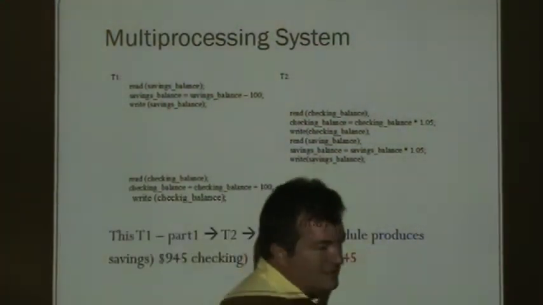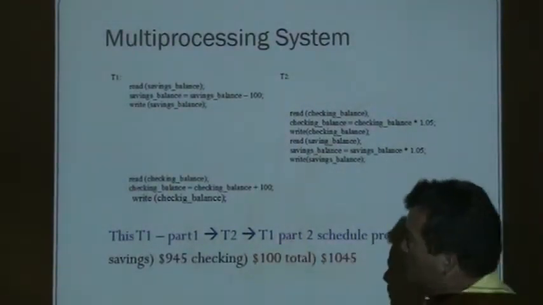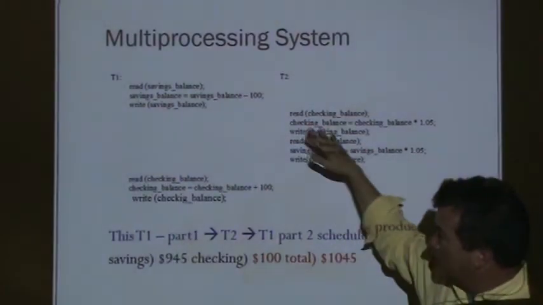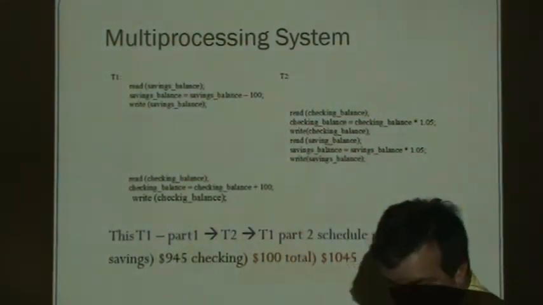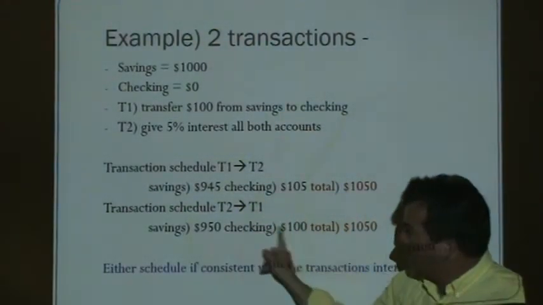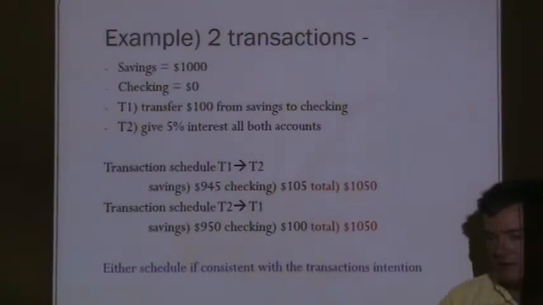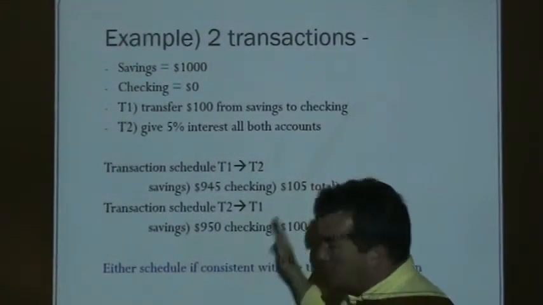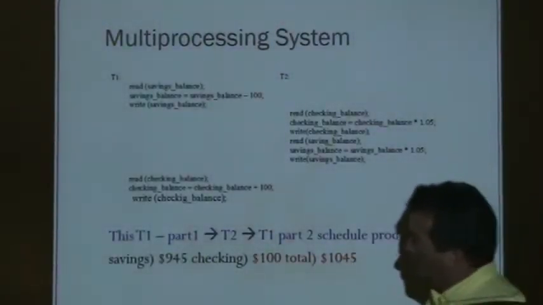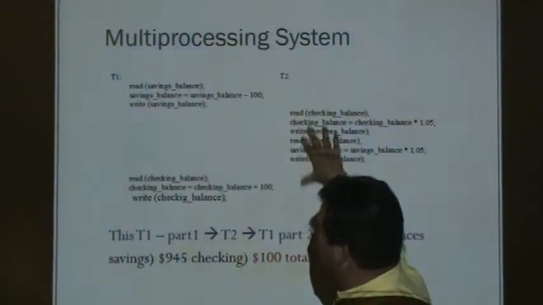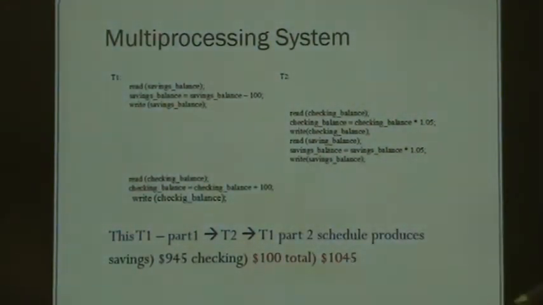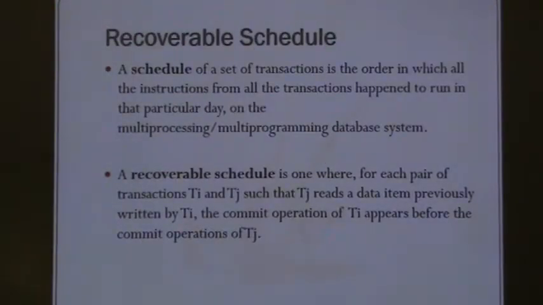This result is considered inconsistent with what the intentions of this transaction and this transaction are. The transactions could be done in either order, and we would find these two account balances consistent with the intention of the transactions, as long as they were done in one order or the other. But the fact that they were done in this particular order, where we did part 1 of this transaction, then this one ran, and then we came back and finished part 2, we ended up having inconsistent results.